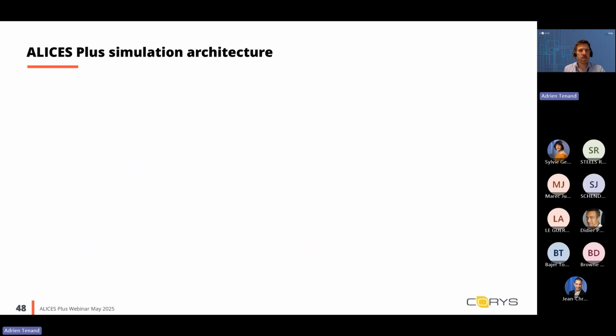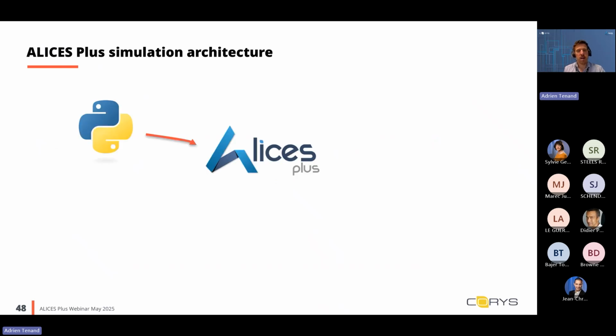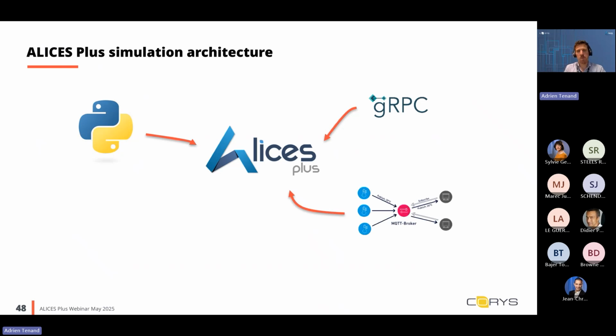And to go even further, if we look at the simulation architecture, we have ALICE Plus and the Python API, like we said just before, but we have also included the gRPC protocol, which is the protocol to perform commands. And we have also the MQTT protocol, which is used for telemetry.